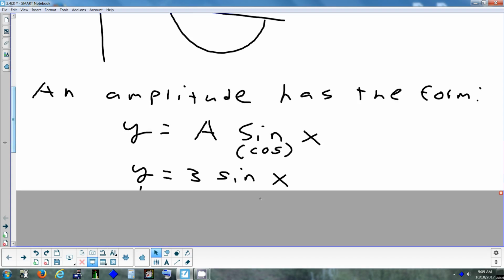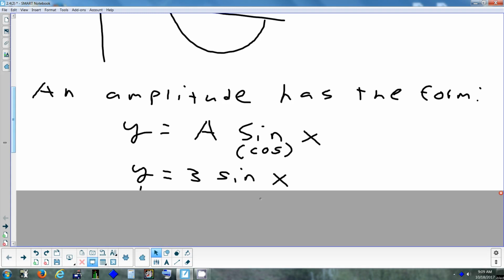Does anybody have a guess how 3 sine x would compare to just sine x? What do you think the 3 will do specifically? Any guess what the 3 would do to the amplitude? Connie, did you have a guess? We just multiply 3 by sine x.